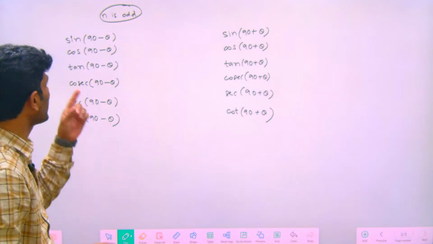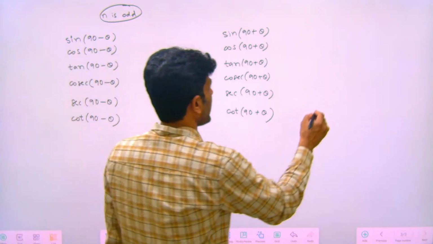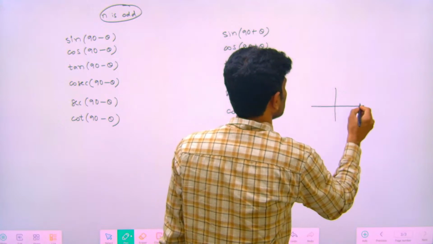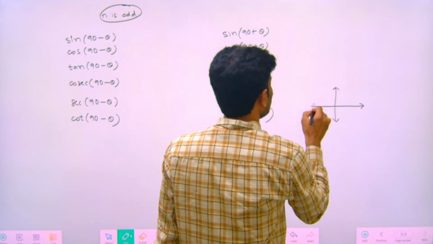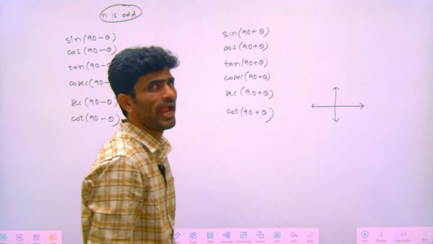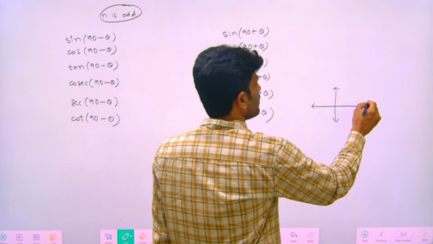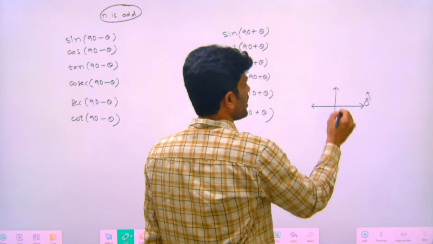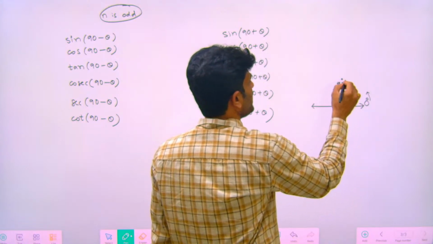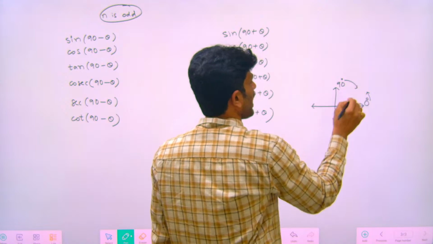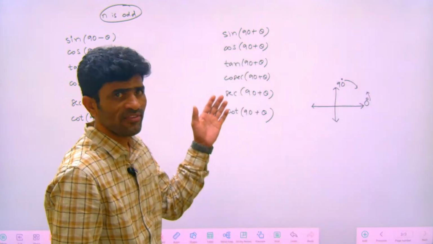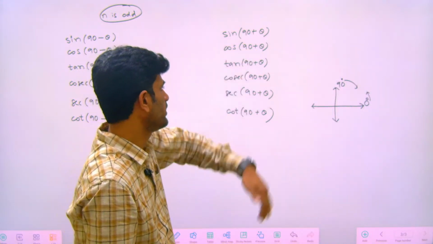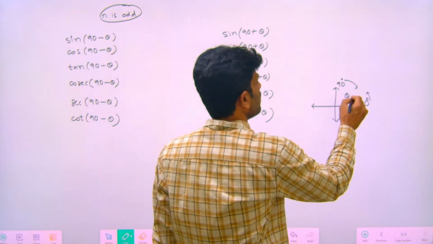And one more point, 90 minus. Whenever it is minus, you have to come in the anticlockwise direction. If you have 0 plus, it is first quadrant. If you have 90 minus, from 90 you come in the backward direction, so it will be in quadrant 1.